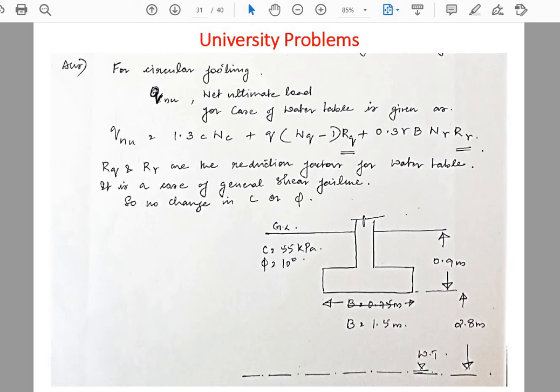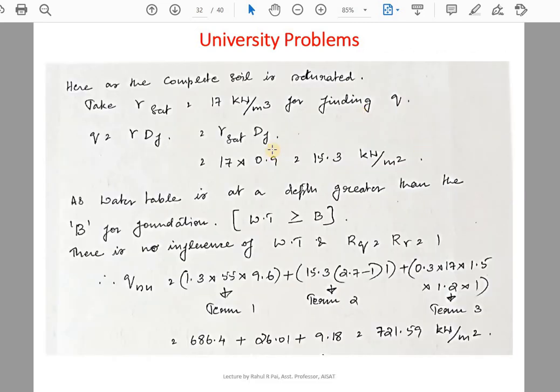So what about the final answer? Just one more thing here, they are saying the soil is saturated even above the water table, and you are not given a weight of moist soil. Only weight given is the saturated weight of the soil.